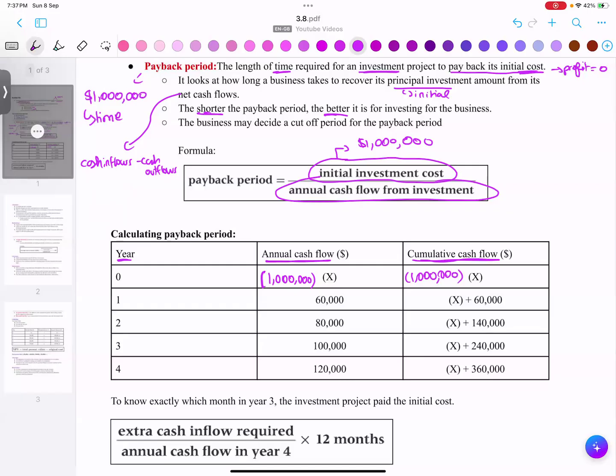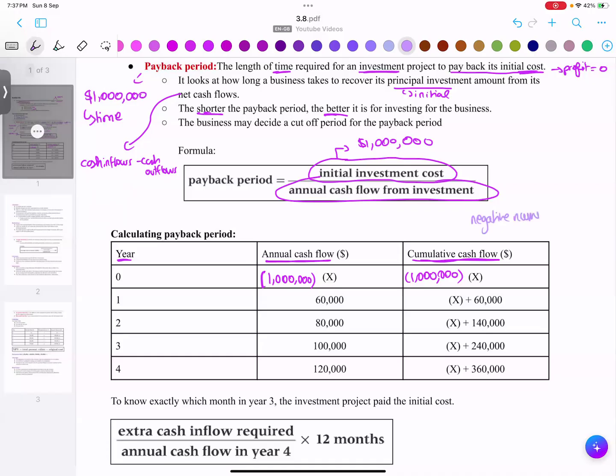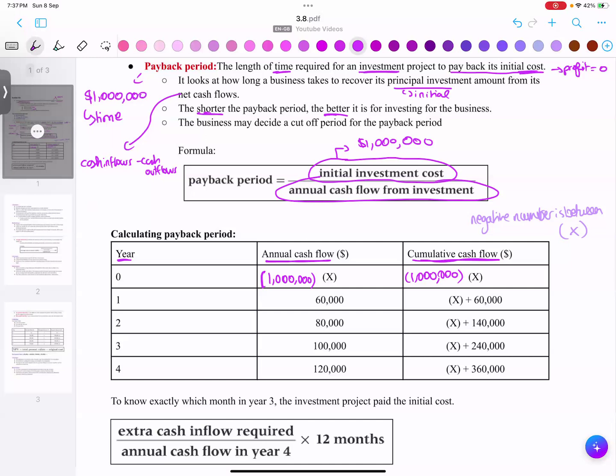So in IB Business Management, a negative number is put between parentheses. Okay, very important to put your number between parentheses, right? So to continue, basically that's for the $1 million. But then let's say in the second year they make 60,000.